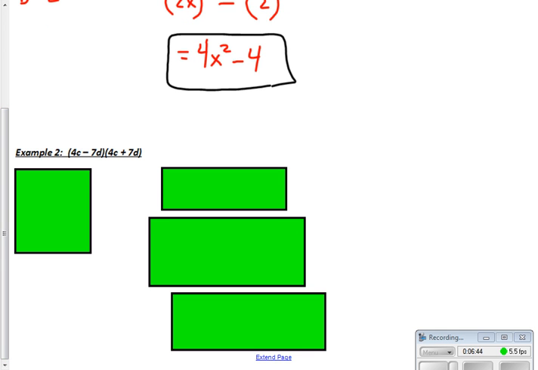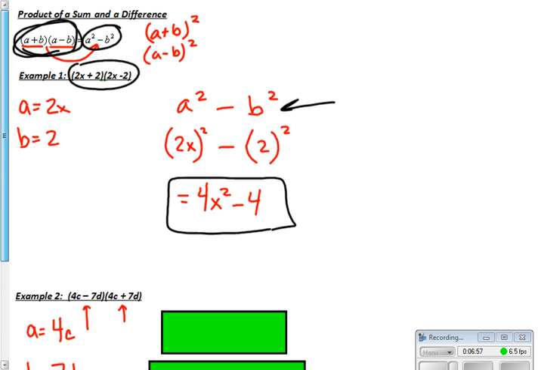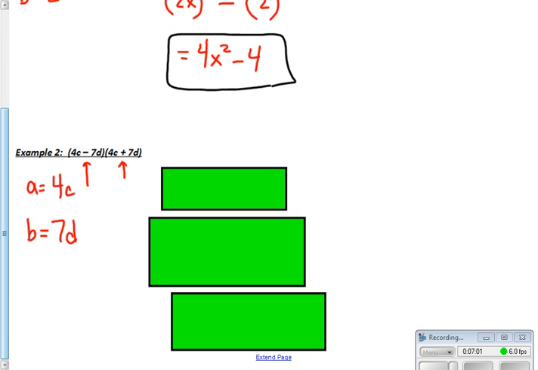Example 2, pull out your a and b values. A would be 4c, b would be 7d. Again, if you look at this problem, it is not exactly like up here at the top where we have a plus b and a minus b. They're just switched around. We have our minus first and then our plus.